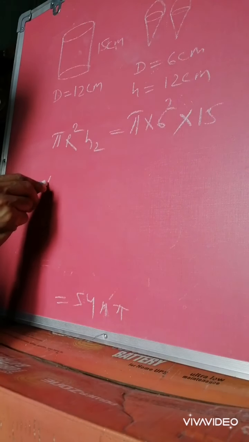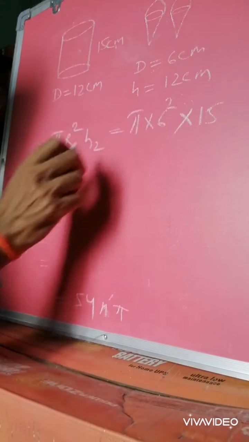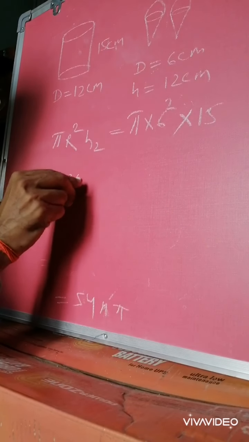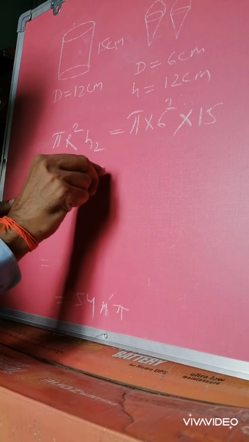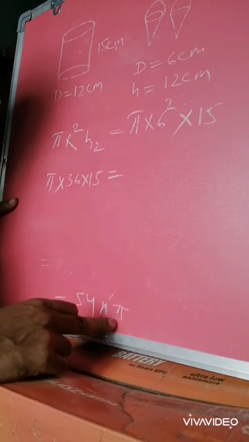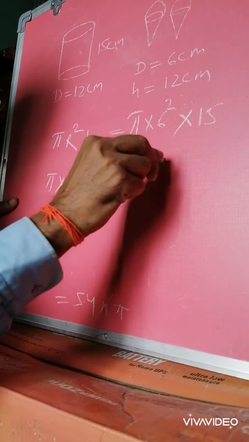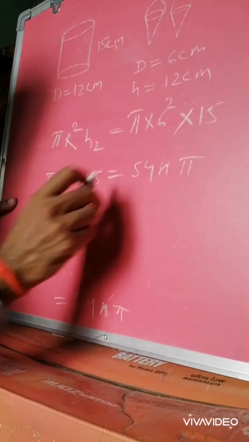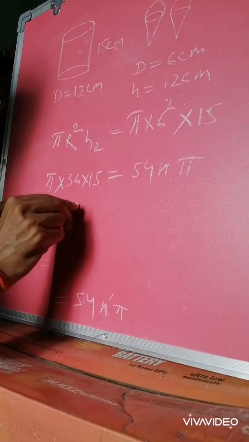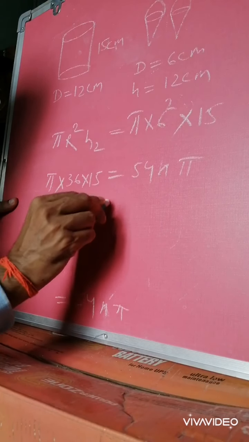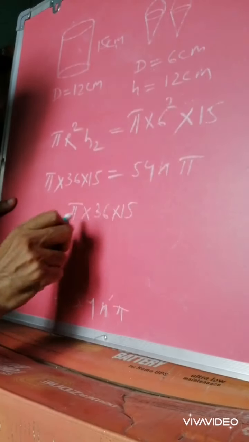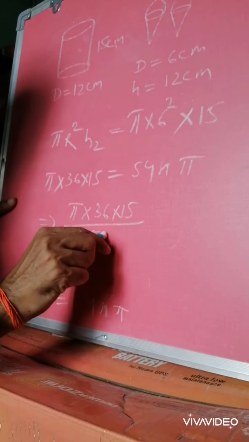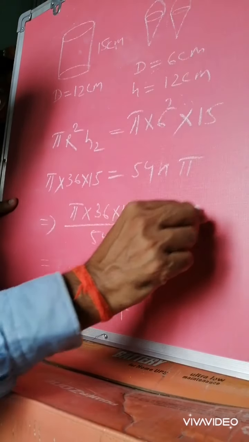Therefore you can equate them. Pi into 6 square, 36, into 15 is equal to 54 n pi. We are going to find the value of n. So transfer to the left side: pi into 36 into 15 by 54 pi is equal to n.